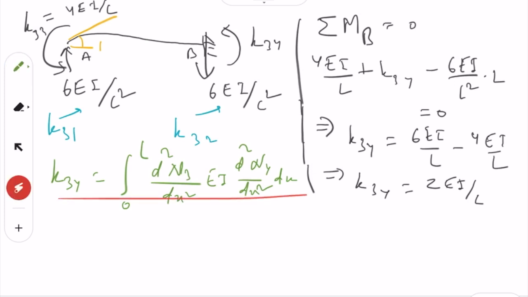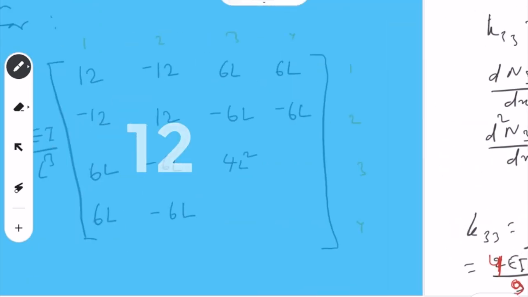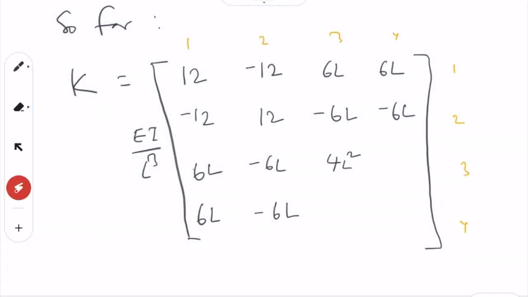But from mechanics also you can find it, just like we have done here, and the value will be equal to 2EI over L. So we can write it here 2EI over L, meaning that we have to write here 2L square. See here this 2L square multiplied by EI over L cube, that means 2EI over L only. Okay. Since this is symmetric, we will get this here too. So we have 2L square.